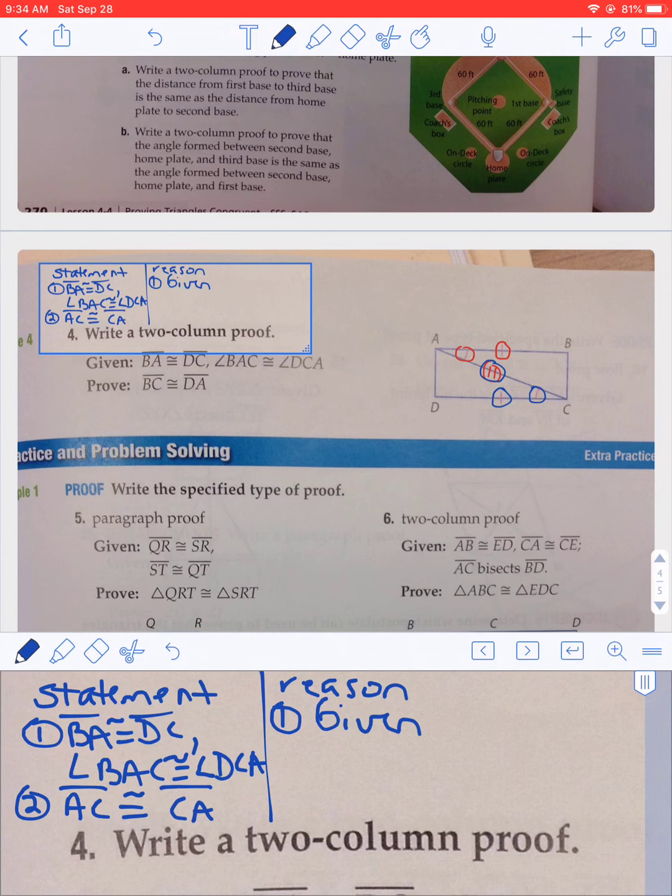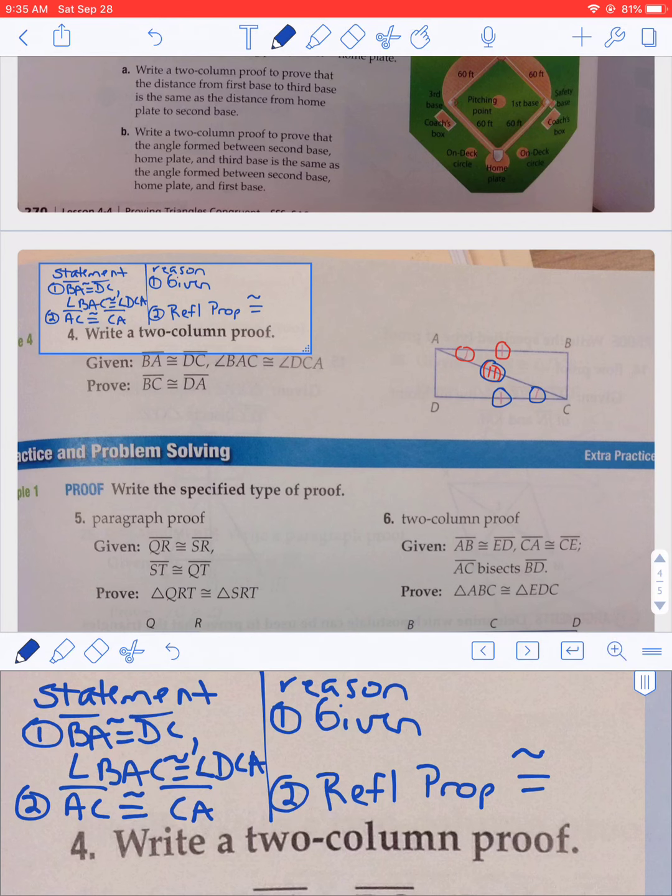And the reason we reverse the order, we don't just say AC is congruent to CA, is because if you were naming these two triangles, they would be in reverse order because angle A and angle C are the corresponding angles that equal each other. So just keep that in mind. Our reasoning is going to be the reflexive property of congruence.